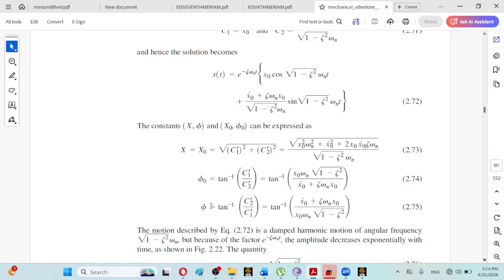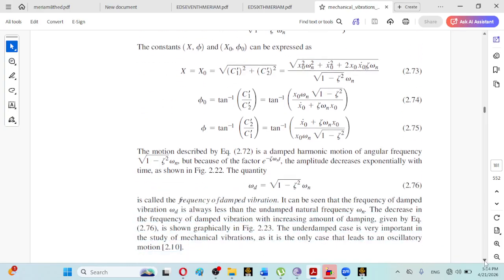As you can observe here, tan phi will be equal to c2 dash by c1 dash. So here we input the values of c2 dash and c1 dash, and equations 2.74 and 2.75 have been clearly derived without any confusion. So the derivation for the underdamped oscillation has been completed in all aspects.